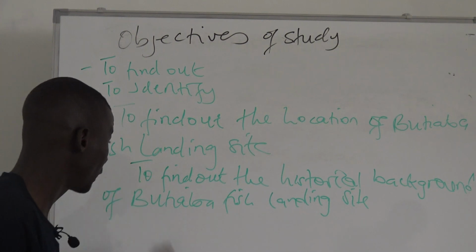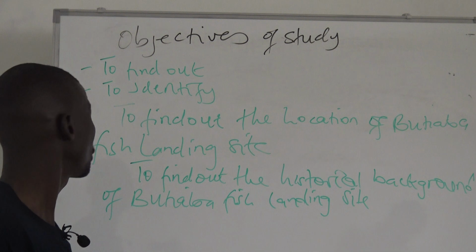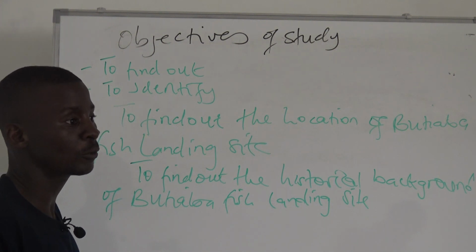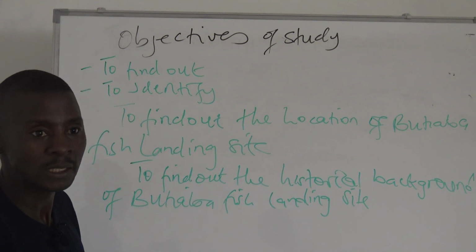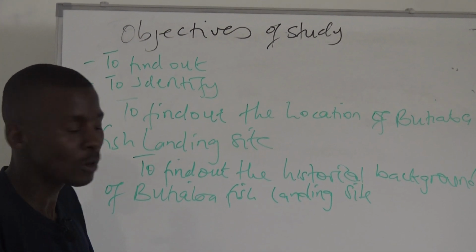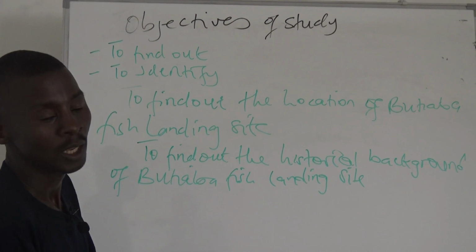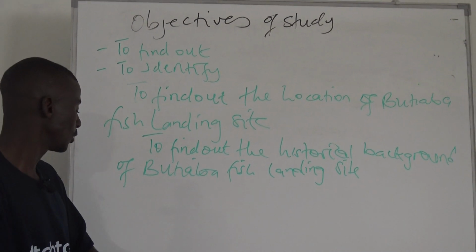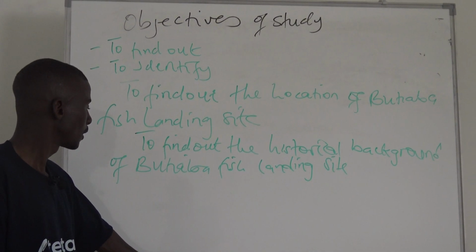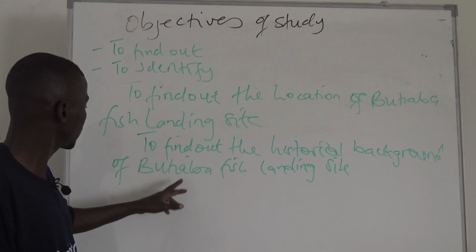You can say to find out the historical background of Hoima Central Market, to find out the historical background of Bugambi Estate, to find out the historical background of Kinyara Sugar Works, depending on the topic of study. So that is the second.